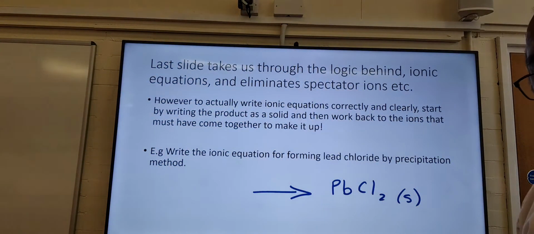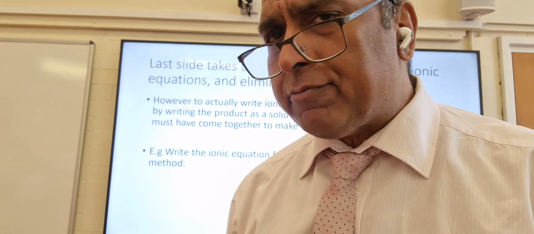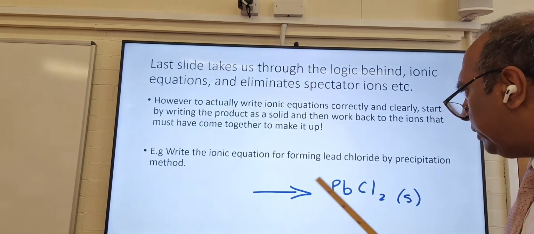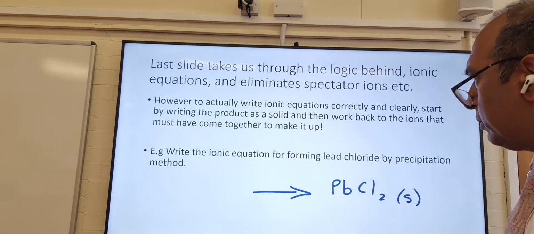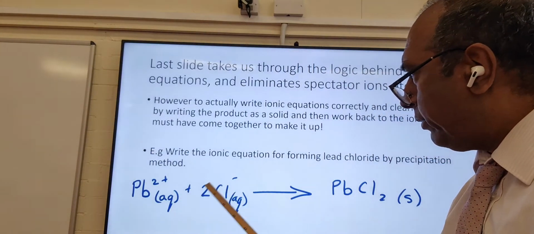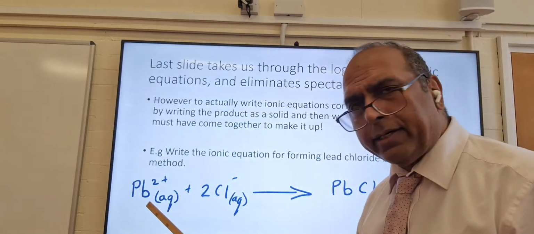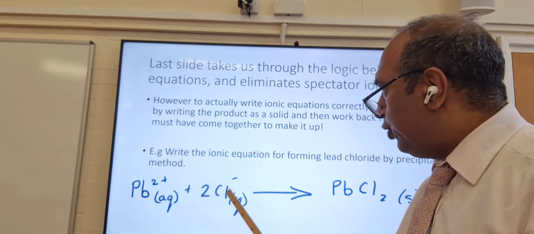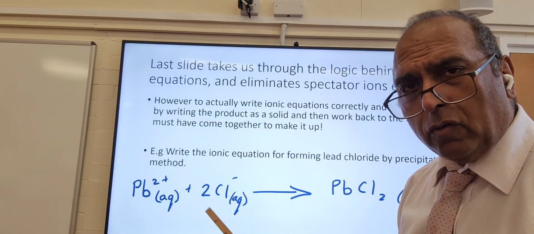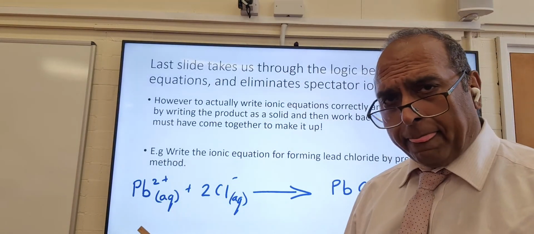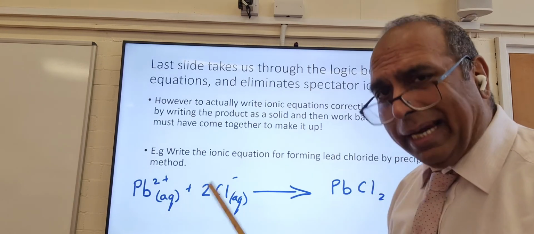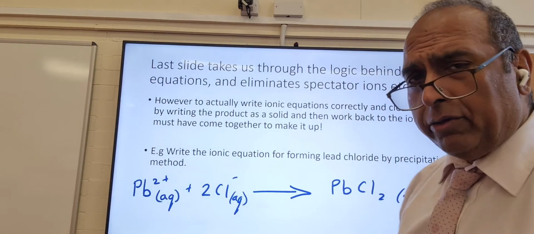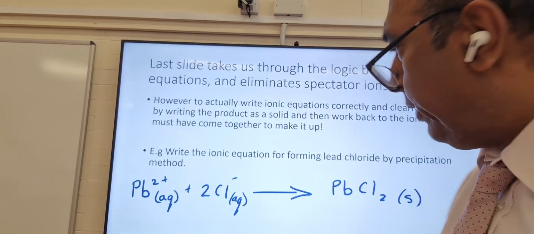Lead chloride, say we made it in this method, what ions would you need? Well, clearly you need lead and chloride ions. Lead ions, chloride ions. You'd use lead nitrate solution. The nitrate would be the spectator ion. And you'd use sodium chloride solution. The sodium would be the spectator ion, but the nitrate, the sodium, we leave out because this is an ionic equation, and in ionic equations we don't put spectator ions in.